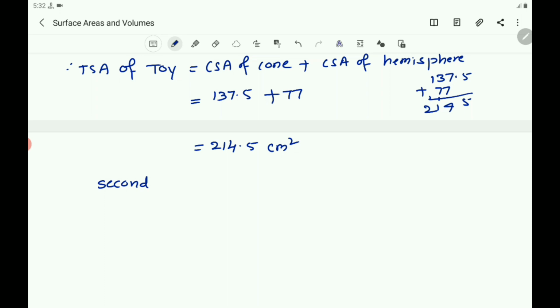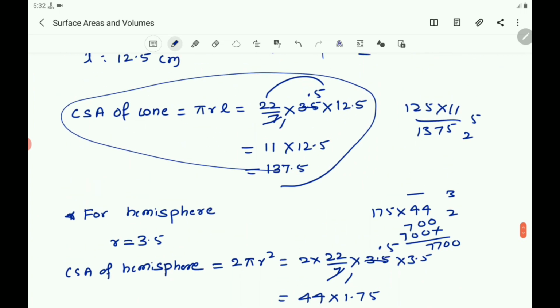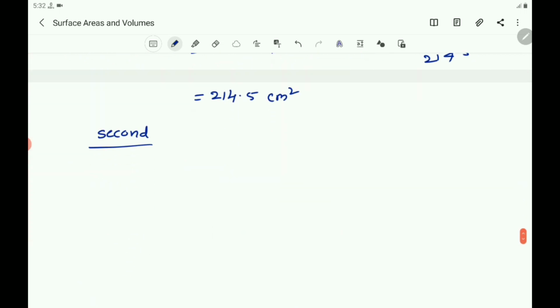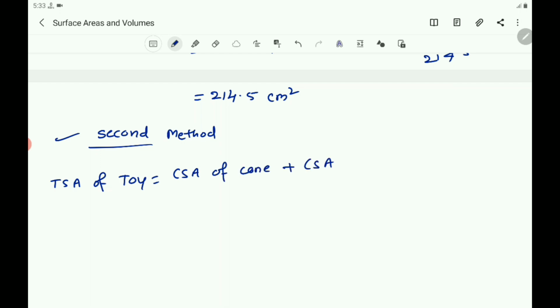In both the methods we have to find the value of L. After getting L, you can use either this method or the second method. You can follow any one of the methods.